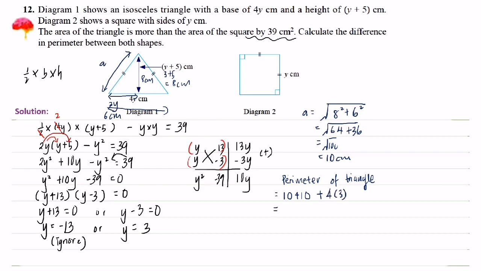The perimeter of triangle is 32 cm. After that, we find the perimeter for square also. Okay, so for y, and the value of y is 3, so 4 times 3 equals 12.